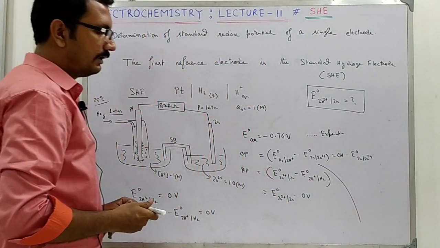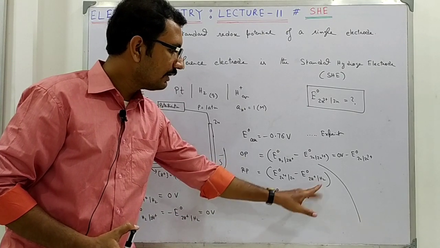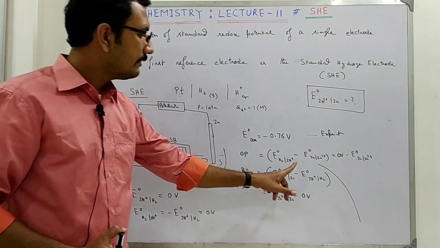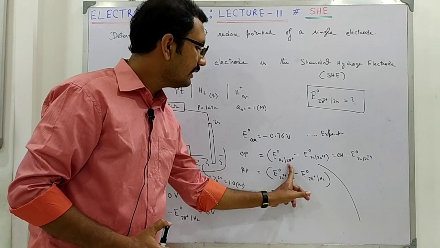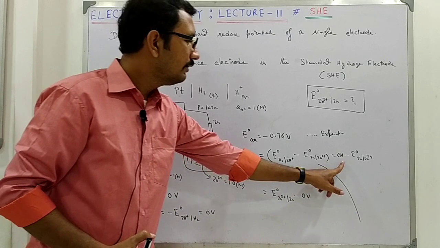See, this is the reduction potential of the standard hydrogen electrode, it is 0 volt, and this is the oxidation potential of the standard hydrogen electrode. This oxidation potential is also 0 volt.